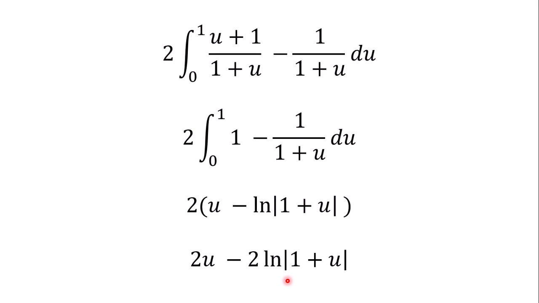So either you end here and then you just put the limits into this expression, and then you just get your answer at the end of the day, or you go back to the x world, and then when you go back to the x world, please don't use the values of u in the u world.